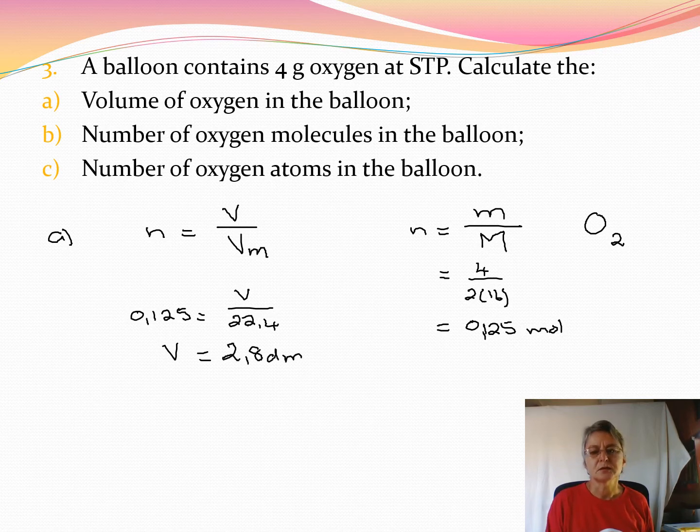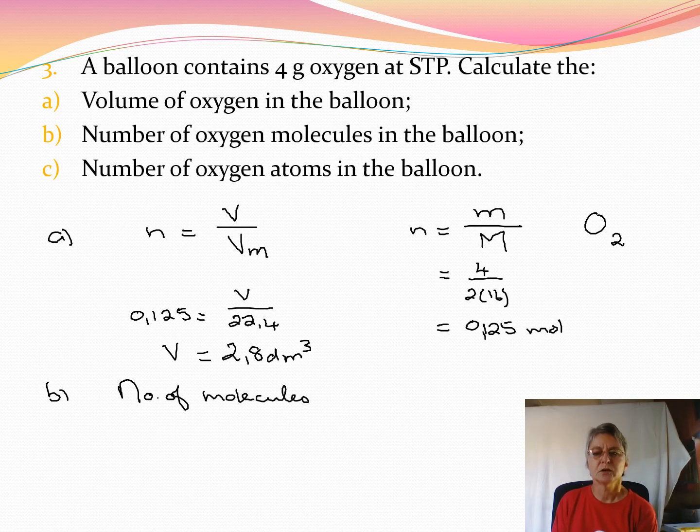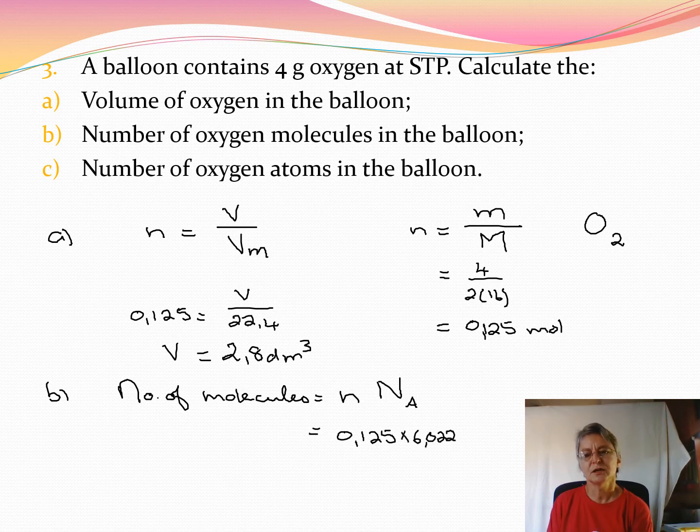B. The number of oxygen molecules in the balloon. So the number of particles would be the moles times Avogadro's number. So the moles is 0.125 and Avogadro's number is 6.022 times 10 to the 23.